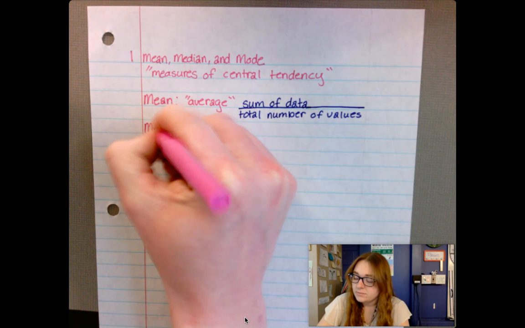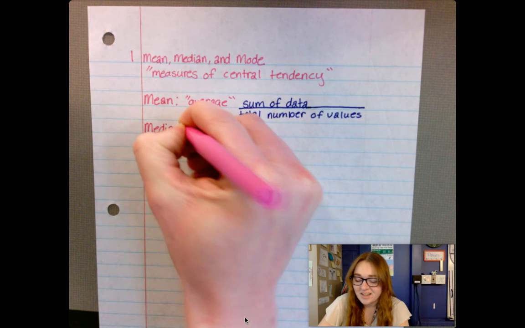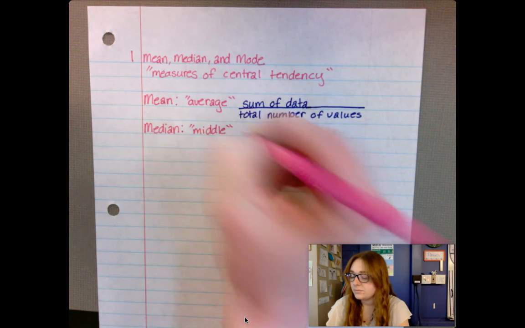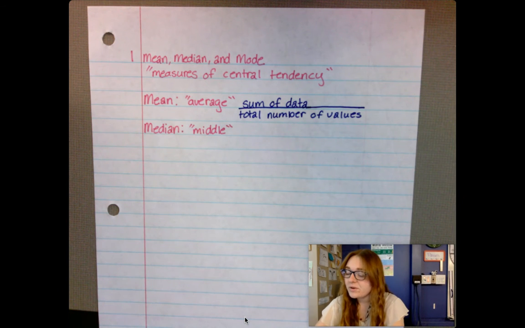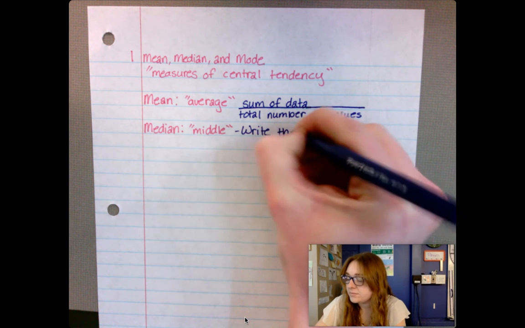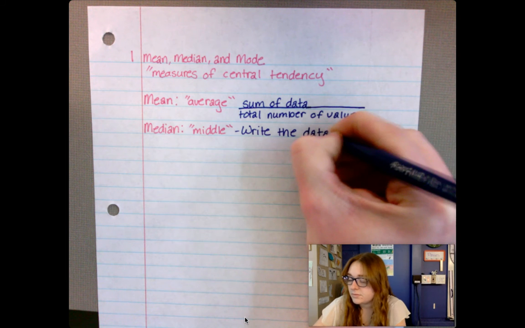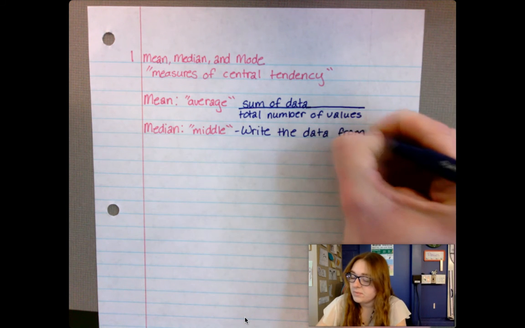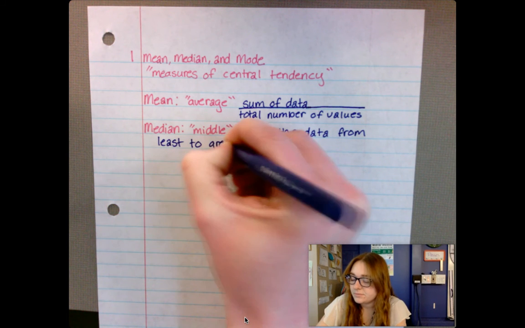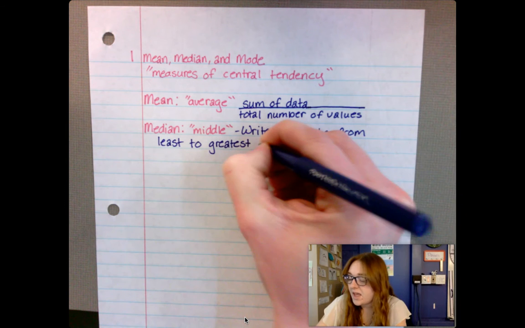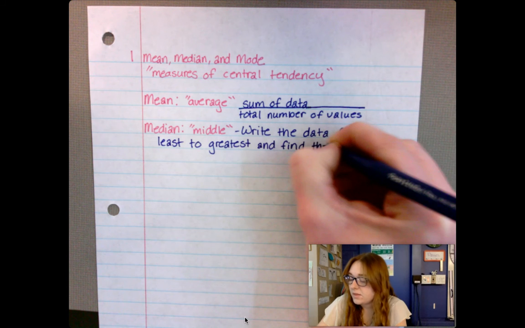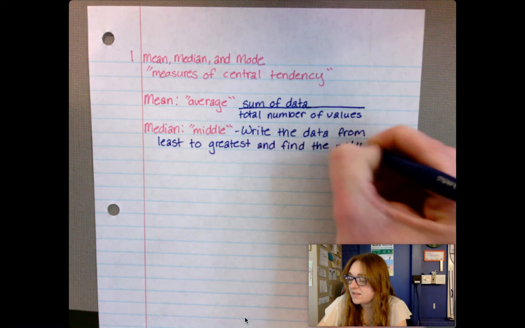Our median is probably my favorite. And this is to find the middle number. To find the middle number, the first thing we're going to have to do is to write the data from least to greatest and find the middle value, so the one right in the center.